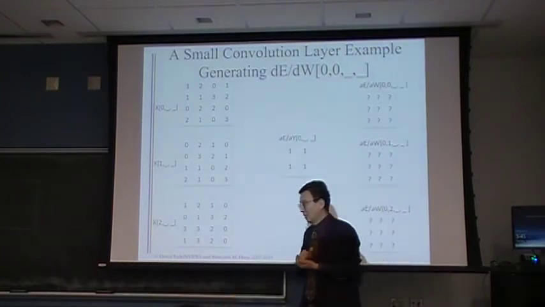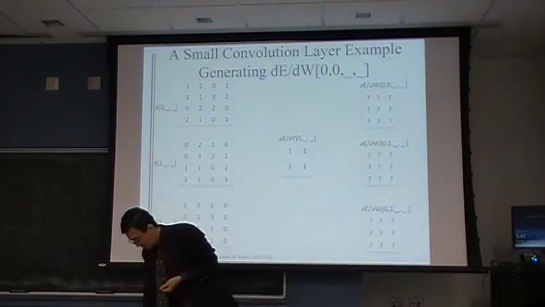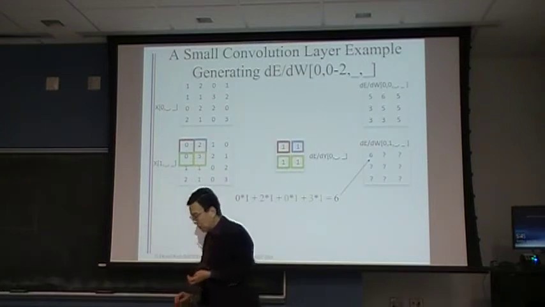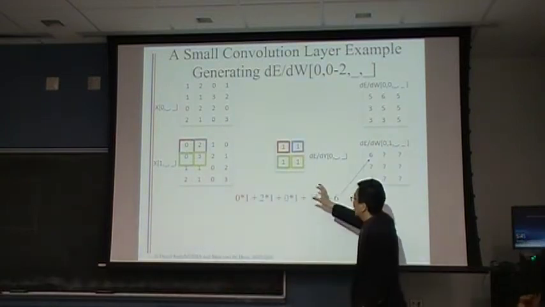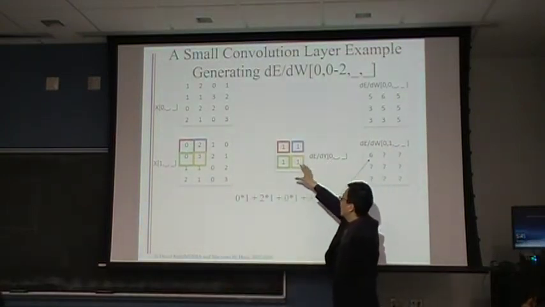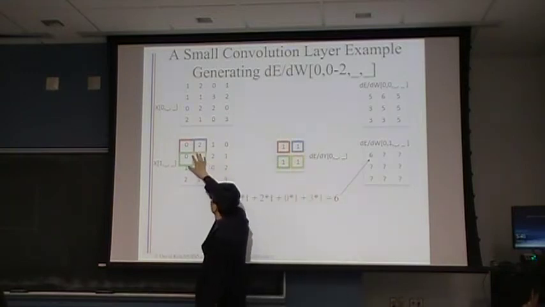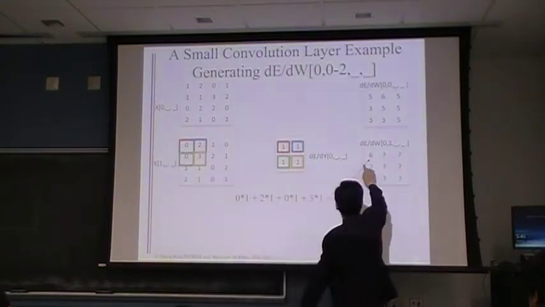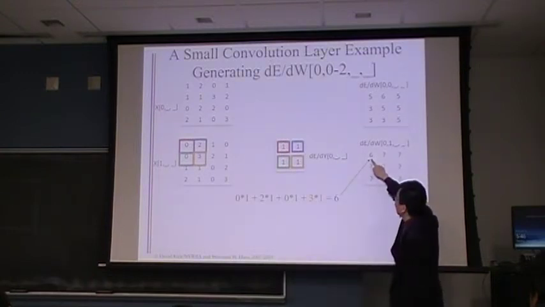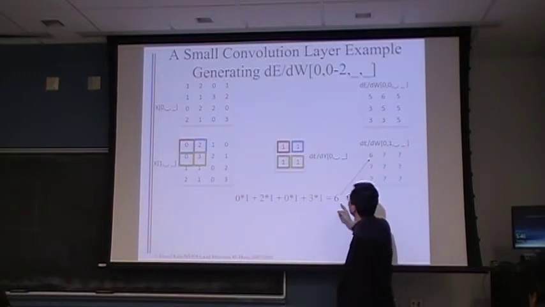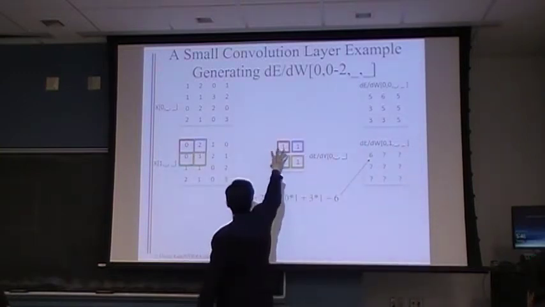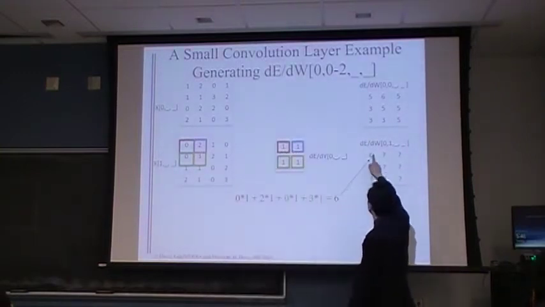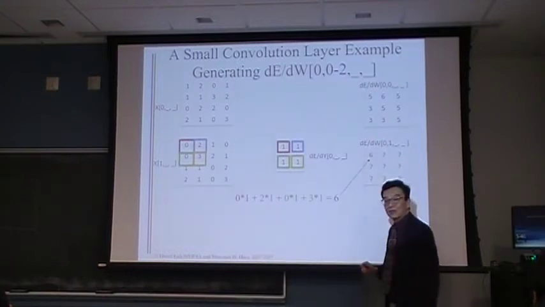Now, why is this a convolution? When I take, let's say, x1, and I'm going to contribute to, let's say, W output 1, I'm going to go through this convolution process, do the addition, and generate the delta E, delta W, right?